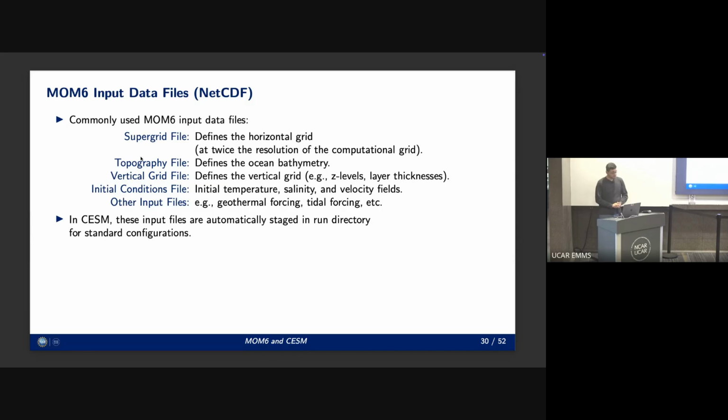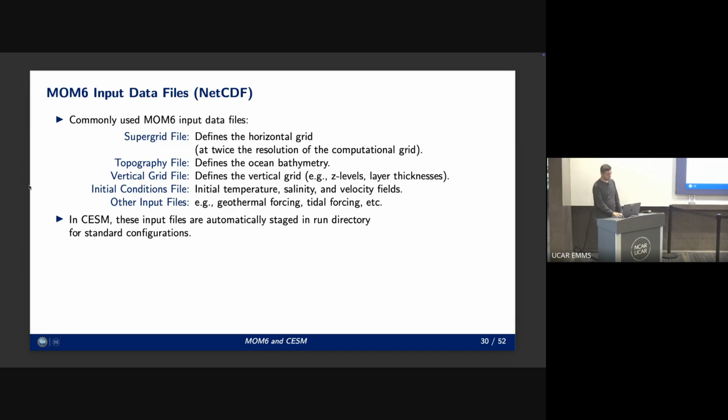As for the input data files, again, these are binary netcdf files. We commonly have this list of input files. The supergrid file is the file where we define the horizontal grid. The resolution or the grid metrics are defined in the supergrid file. We have the topography file defining the ocean bathymetry.